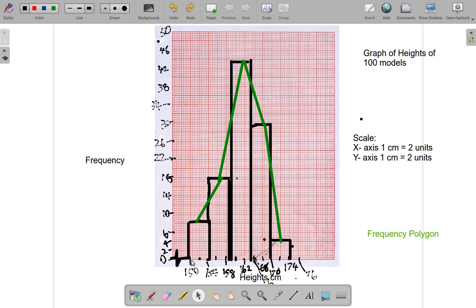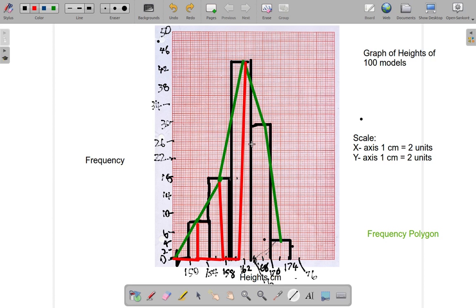Now, the thing is, you close the polygon by going right down to 0 so that you cover between 0. Just below here, this distance must be equal to this distance, and just below here must also be equal to this distance.